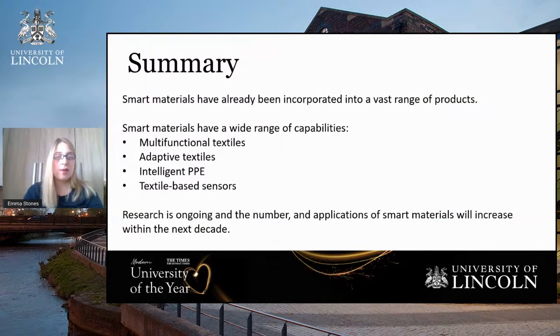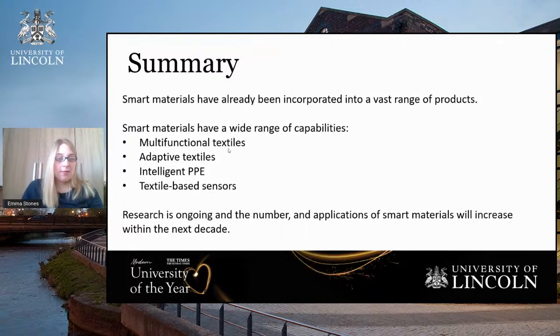Okay, so in summary, we've looked at smart materials, we've looked at examples of what they are and how they've been incorporated into some products, and also potential future applications of smart materials. Some smart materials are multifunctional, so they can respond to a variety of different conditions, as we've looked at.